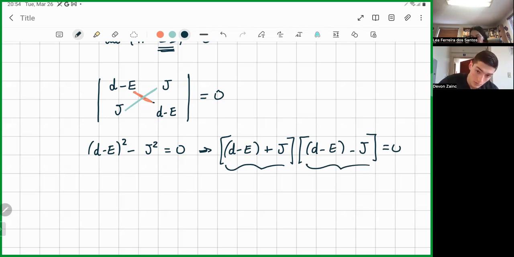So you can find E directly from that. One possibility then is that E is going to be D plus J. From this equation, E is going to be D minus J. There you are. We found our two energies.